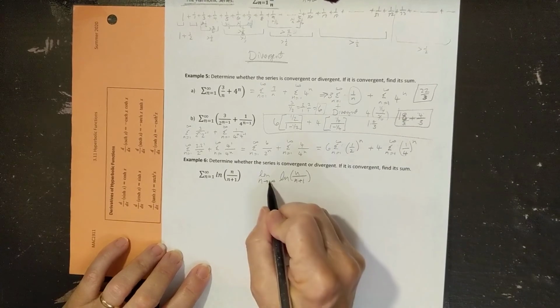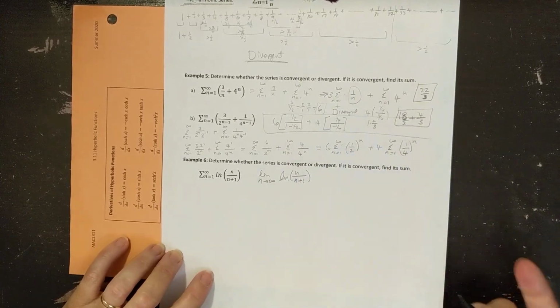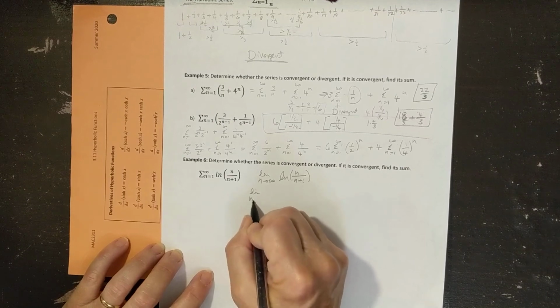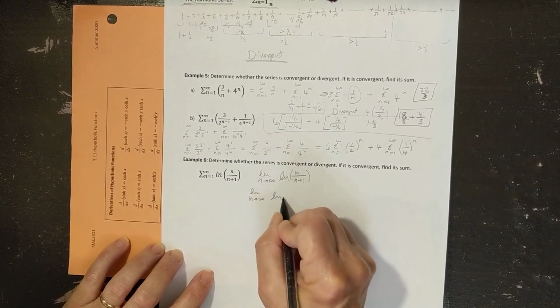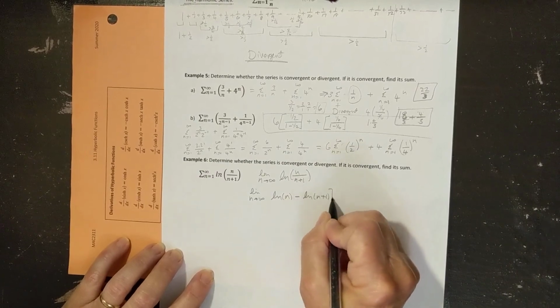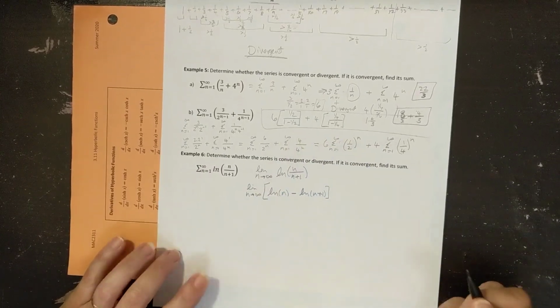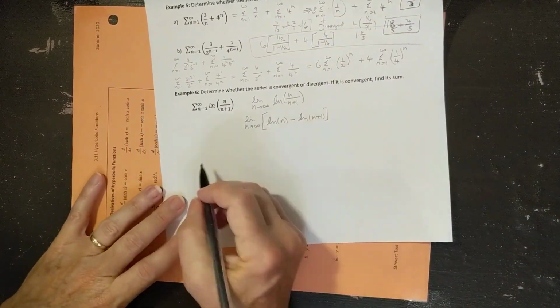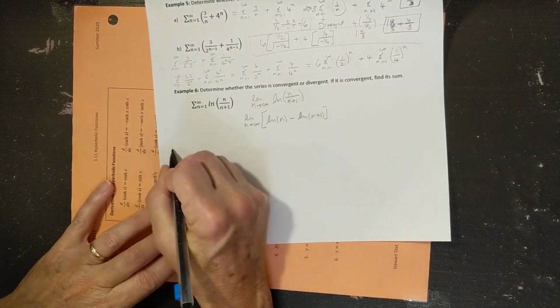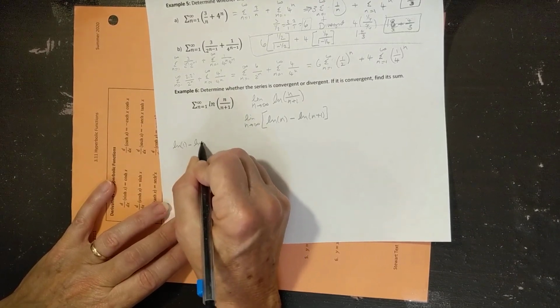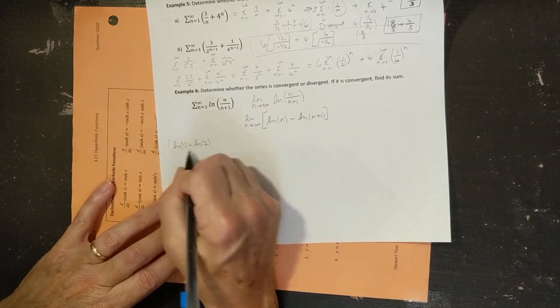All right, so we can rewrite this using logarithmic rules. The quotient rule gives us the limit as n goes to infinity of the natural log of n minus the natural log of n plus 1. All right, this is what we're looking at. Let's lay out a few terms and see what's happening. The first term, where n is 1, is the natural log of 1 minus the natural log of 1 plus 1, which is 2.